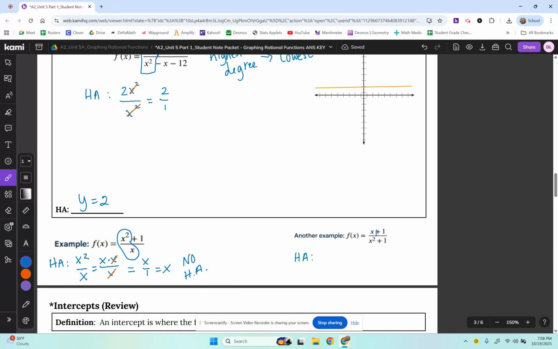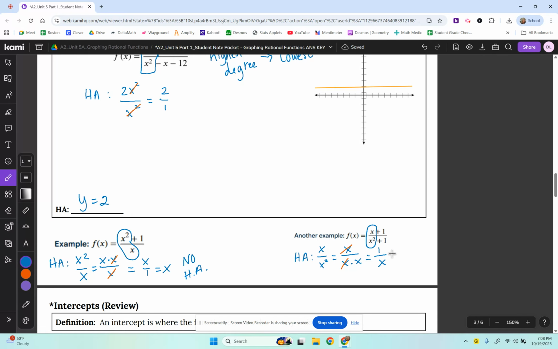So let's find our leading terms. We have x over x squared, which is the same thing as x over x times x. One set of my x's are going to cancel. Now remember, I don't have a 0 in the denominator because that cancels to 1.